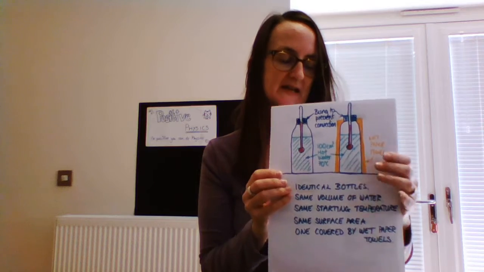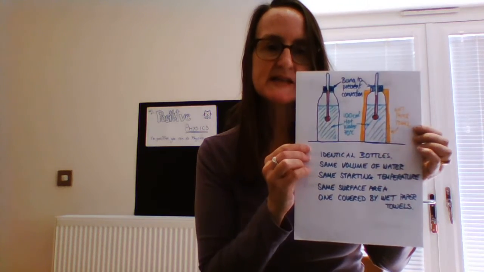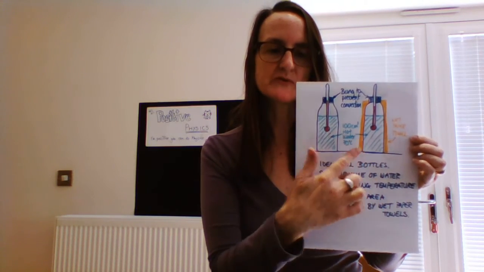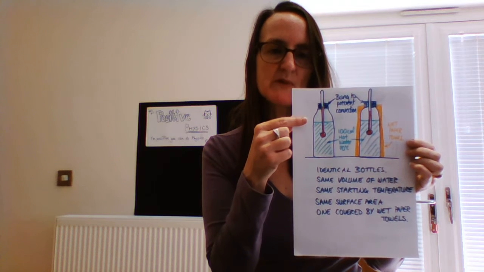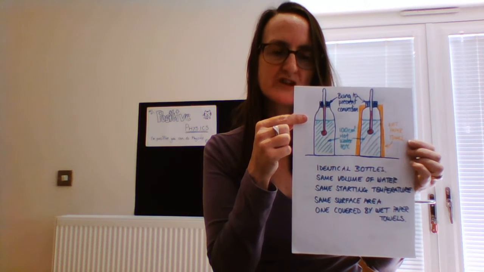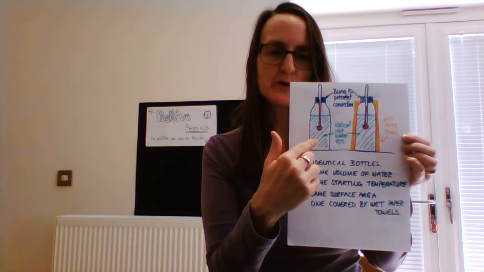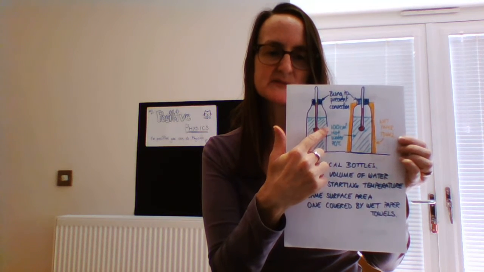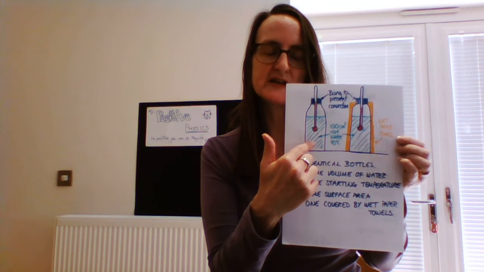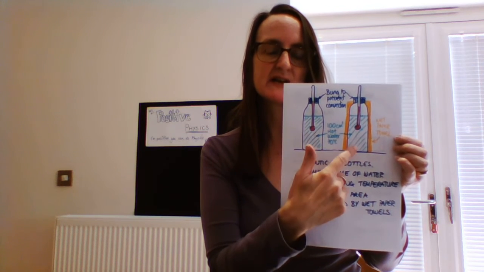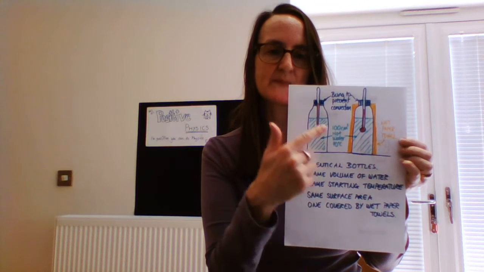Now, if we were to do a little experiment and take two identical bottles and fill them with the same volume of water at the same temperature. So here I've got a bottle with 100 centimetres cubed of hot water at 70 degrees centigrade, and I've got the same in this bottle here.